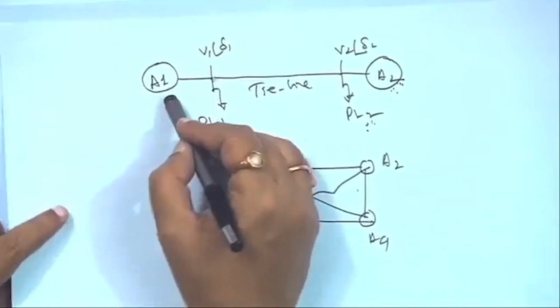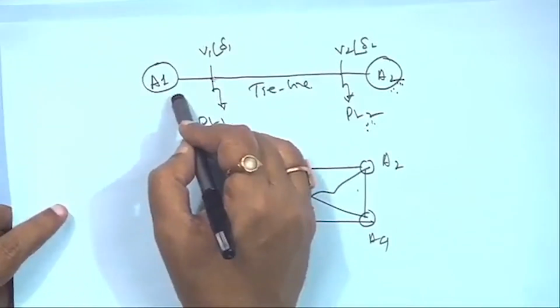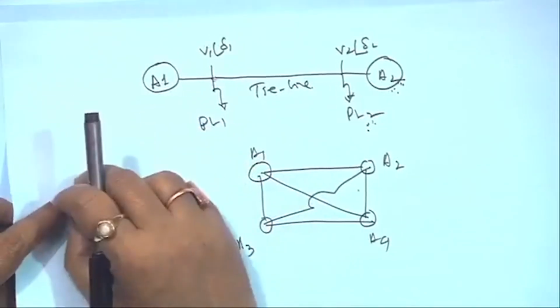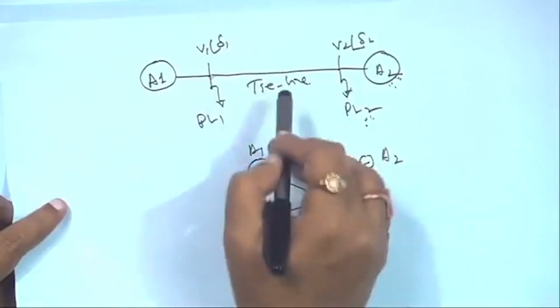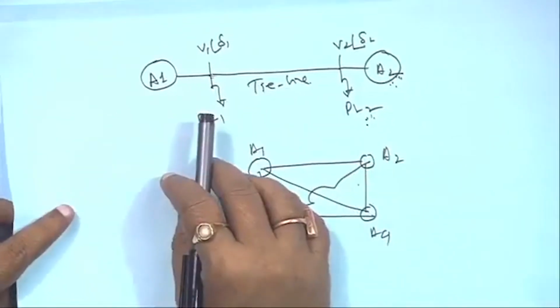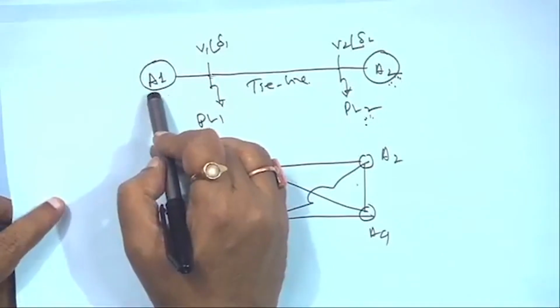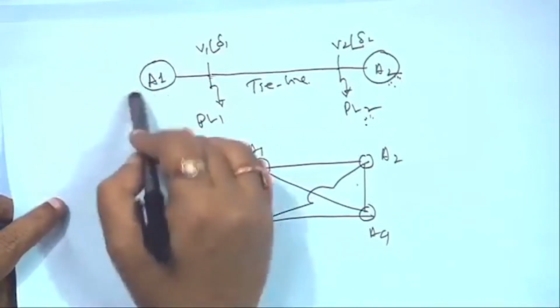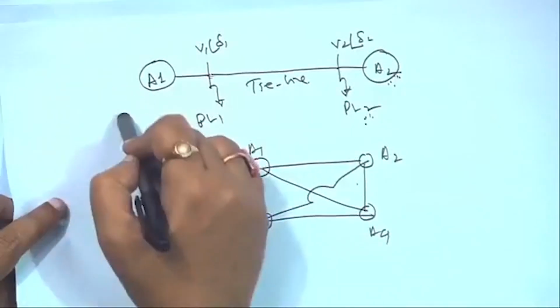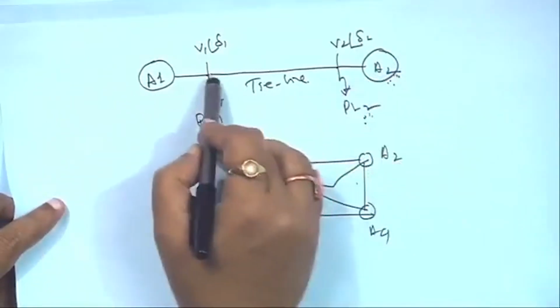For example, suppose one power system is in Chennai and another is in Bangalore, and the two power systems are interconnected by a 3-phase transmission line. In each you have so many generators, substations and loads, but they are interconnected.